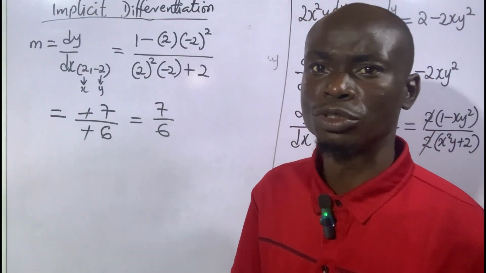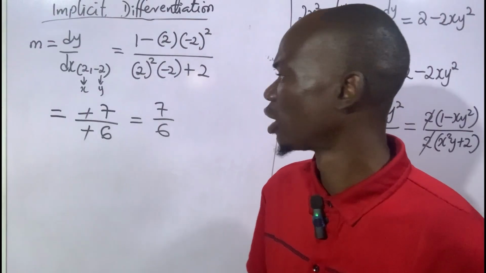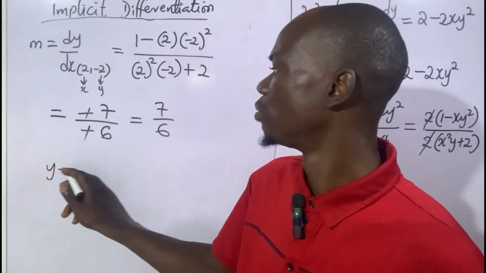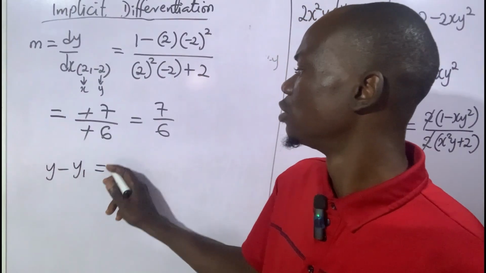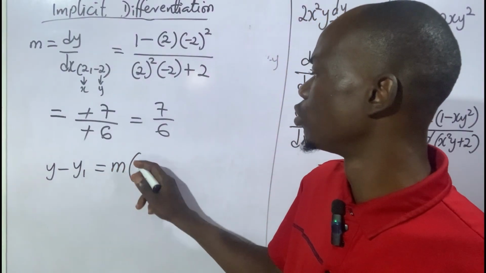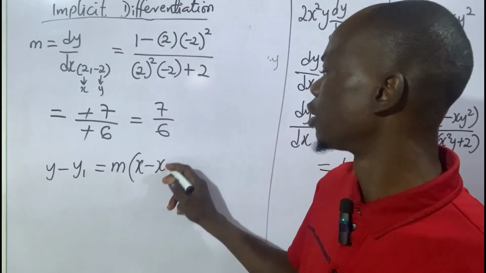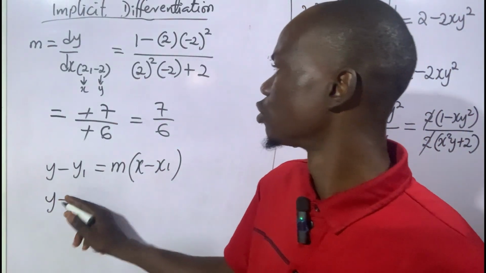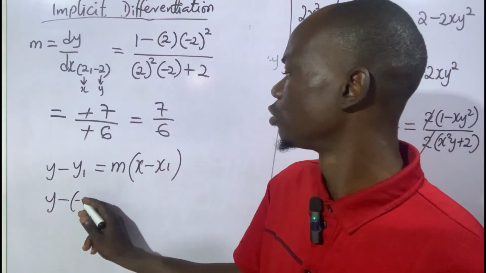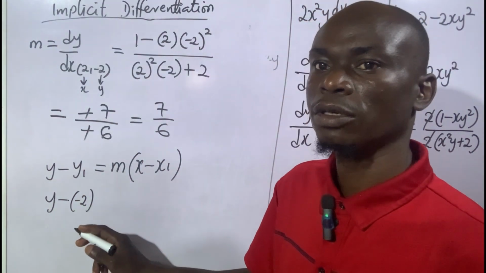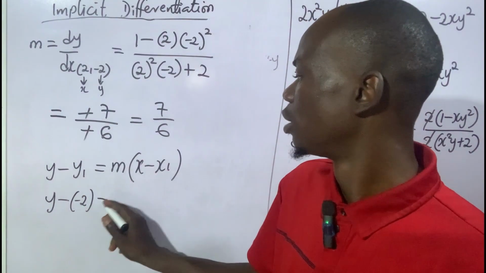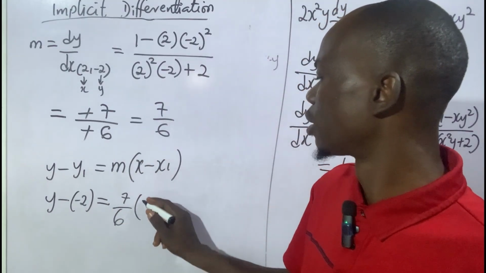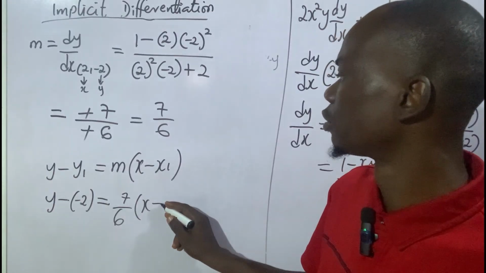The next thing we want to do is to bring in the equation of tangent line. The equation of tangent line says y minus y1 is equal to m into x minus x1. So this will be y minus y1, which is minus 2, equals m, 7 over 6, bracket x minus x1.